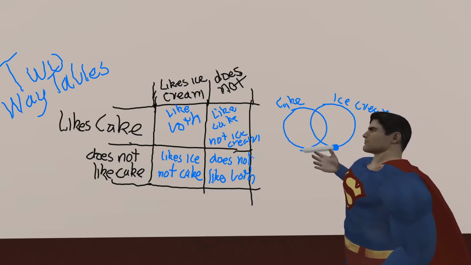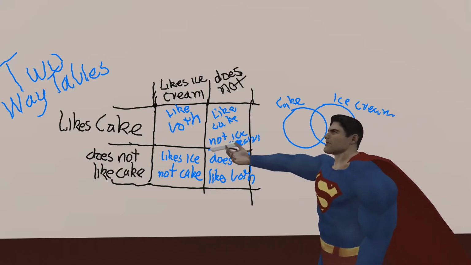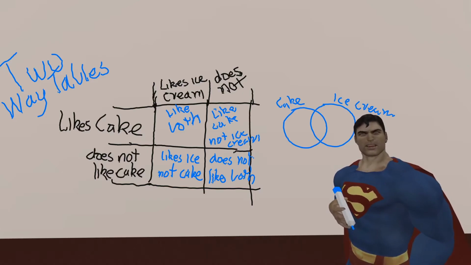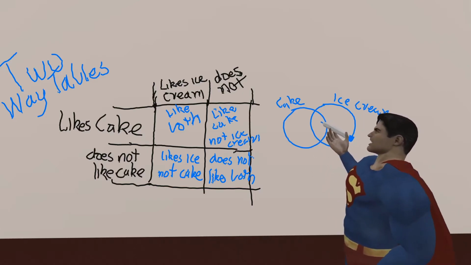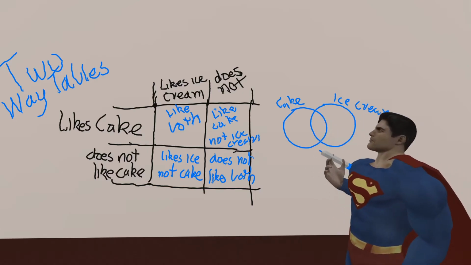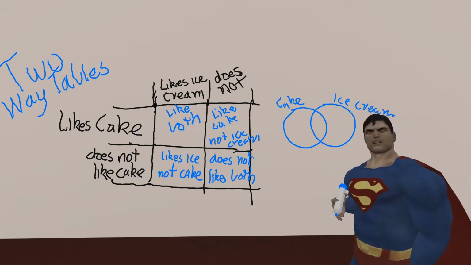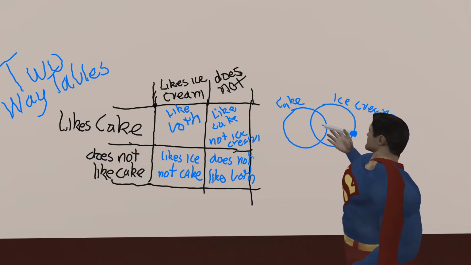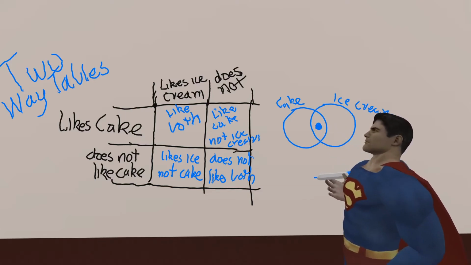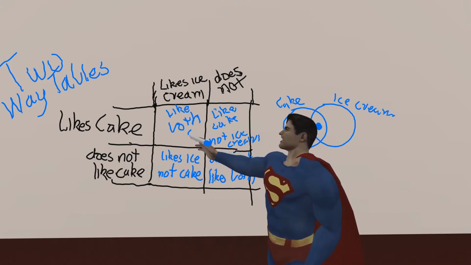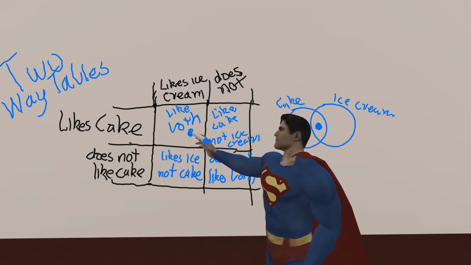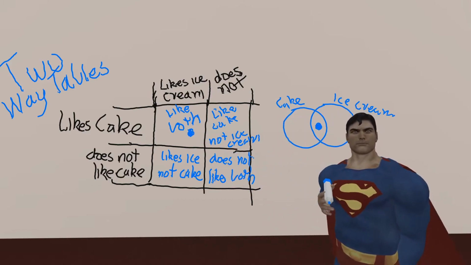different parts of this Venn diagram represent parts of our two-way table. So in the middle here, we have people who like cake and who like ice cream. So they would go in here, and this represents this square over here.